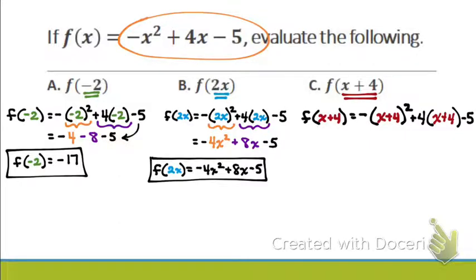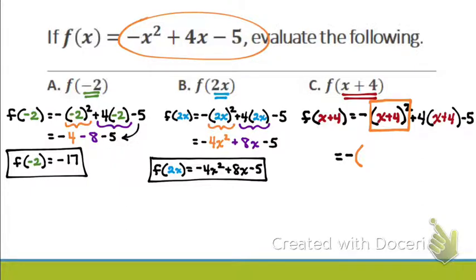What do I need to do first here? Square the x plus 4. I have to square this binomial right here. So I have negative, and I'm going to keep this inside parentheses because I'll have to distribute a negative to everything, but I've got to follow order of operations first. Order of operations says exponents come before multiplication. So I'm going to take care of this exponent first.